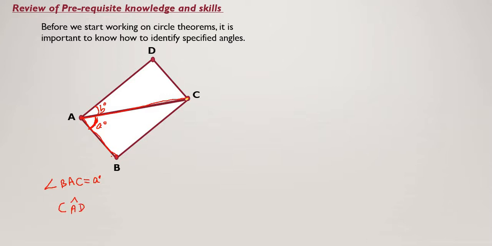We're going from C to A and from A to D. So which angle are we talking about? The angle formed between these two lines. So when we say angle CAD, we're talking about angle b, the small b there.